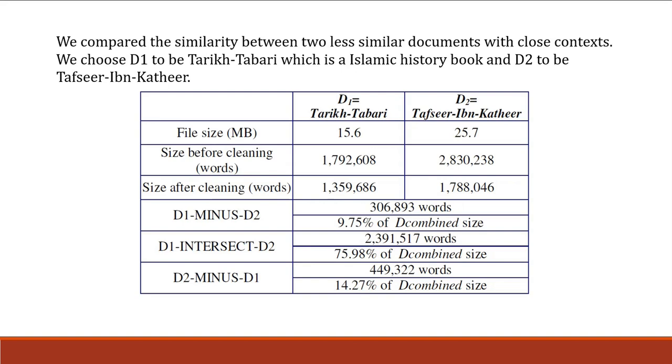The next test case that we took is two less similar documents but with close contexts. We chose D1 to be Tarikh Tabari, which is an Islamic history book, and D2 to be Tafsir Ibn Kathir. Here you can see that the percentages are more for D1 minus D2, D1 intersect D2, and D2 minus D1.